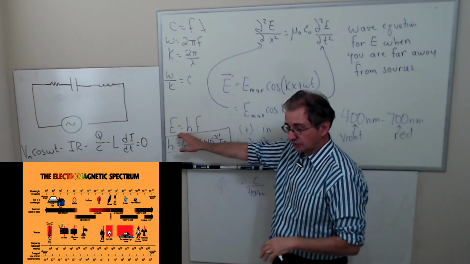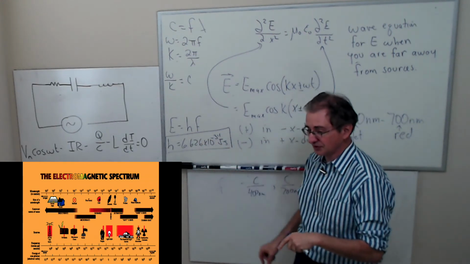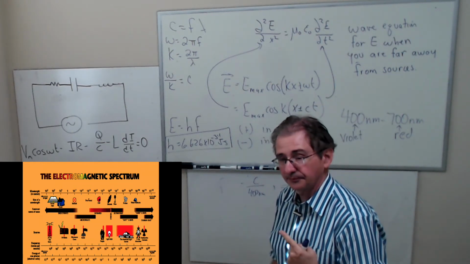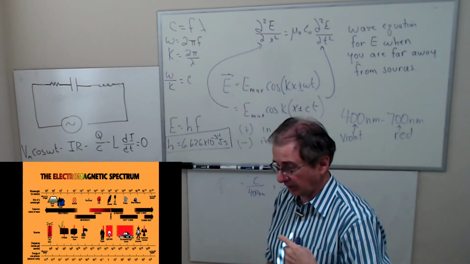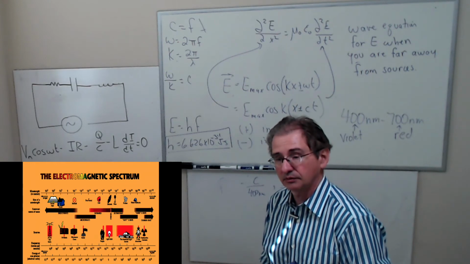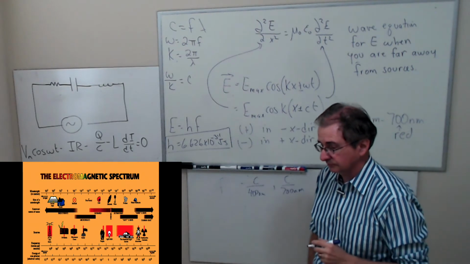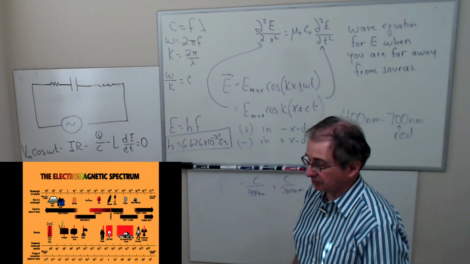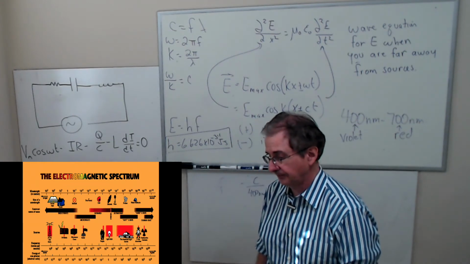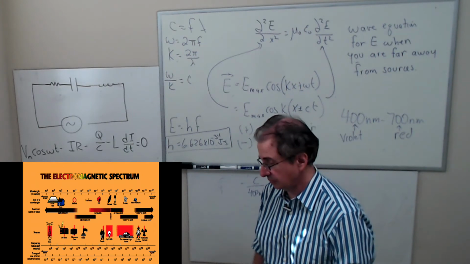So that scale that you see on the bottom, this is in joules, you've got to convert it to electron volts, represents the energy of a single photon. But an electromagnetic wave will consist of a lot of photons. So for example, when we talk about visible light, you're talking about energies of around 2 electron volts. Whereas for X-rays, you're talking about thousands of electron volts.